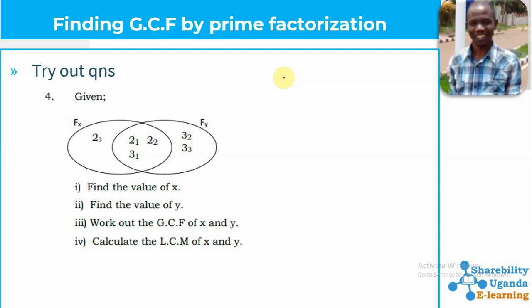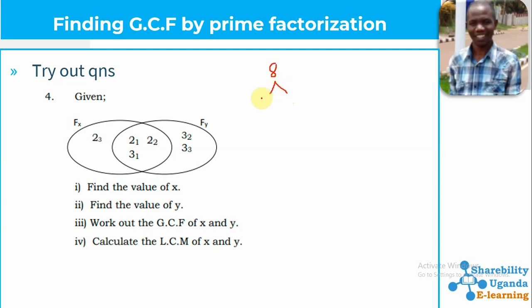Okay, we can try out any number to first give us a concept of how we are going to do this. Let's try out the number 8. We said for us to get the prime factors, we can use both methods, that is the ladder method and also the factor tree method.